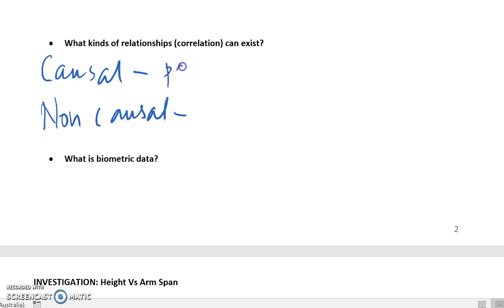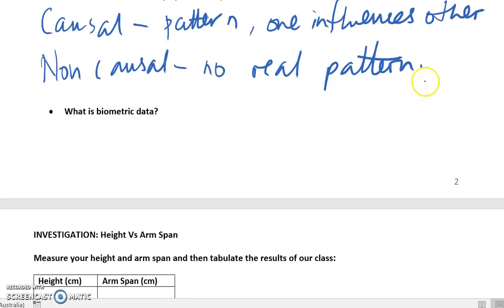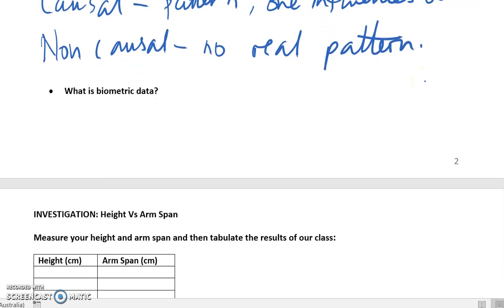So in this one there's a pattern, and one influences the other. And in non-causal, there's no real pattern there. It's just a bunch of data where you can still draw some ideas and conclusions, but there's no real pattern.